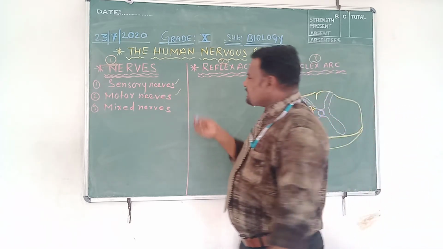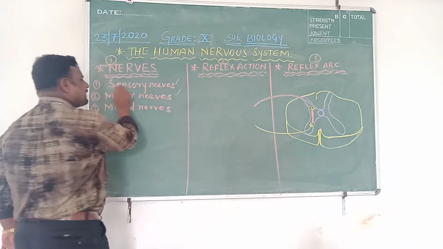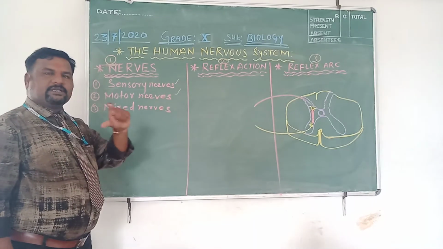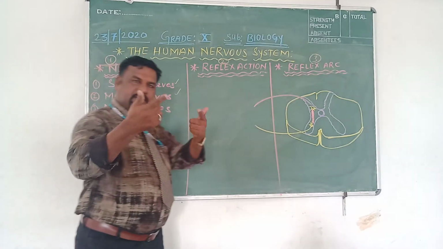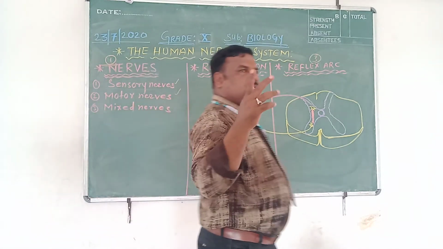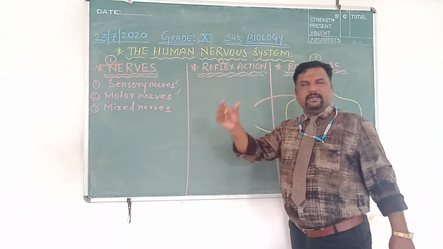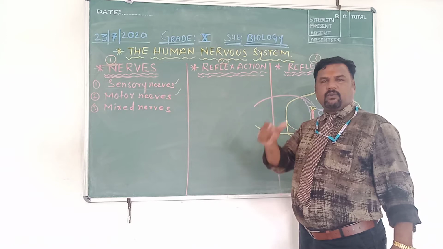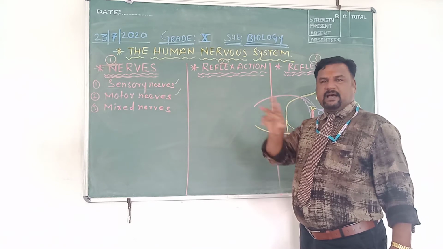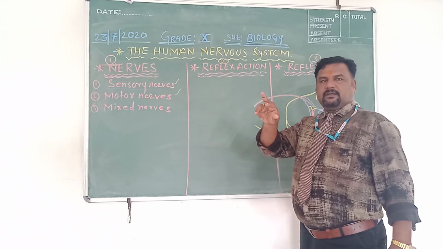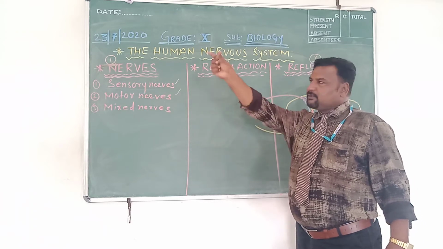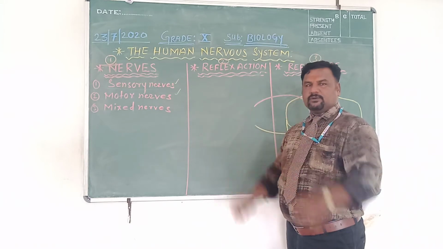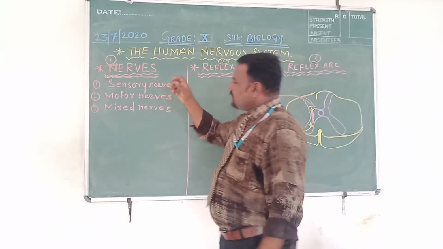An example of a sensory nerve is the optic nerve in the eye. The retina, the innermost layer after the sclerotic and choroid layers, connects to the brain in the form of the optic nerve.